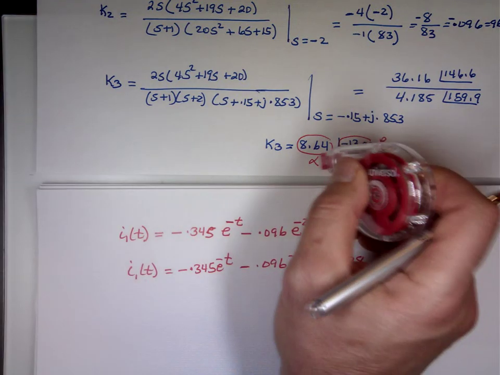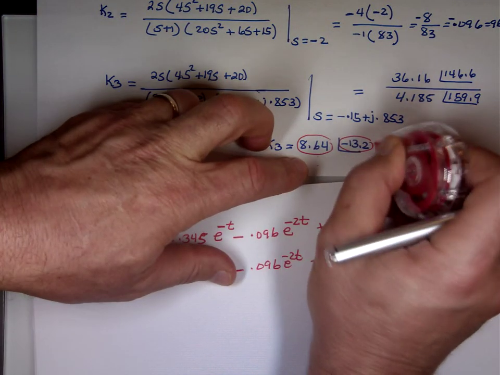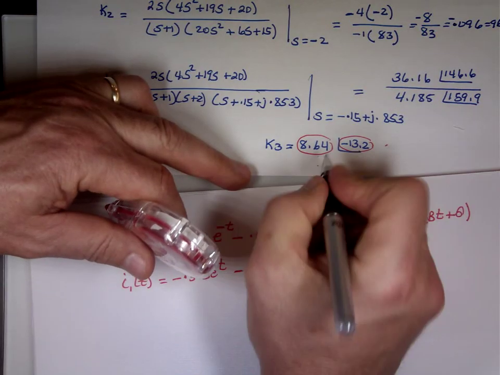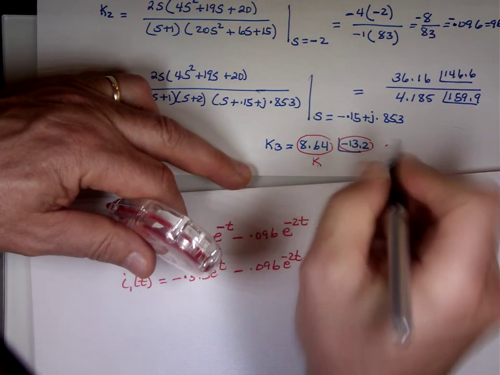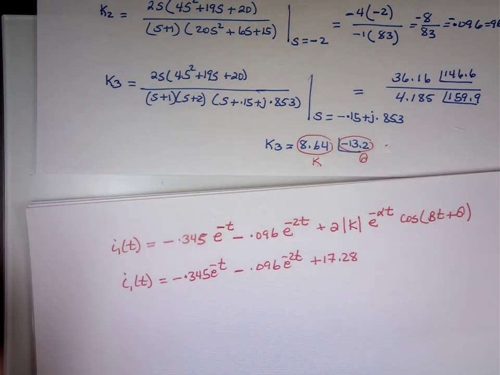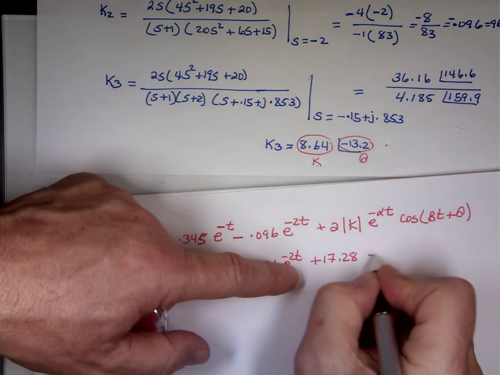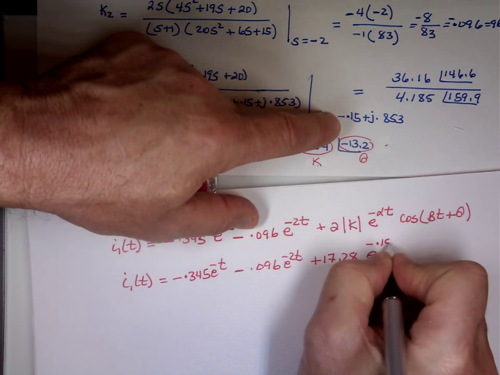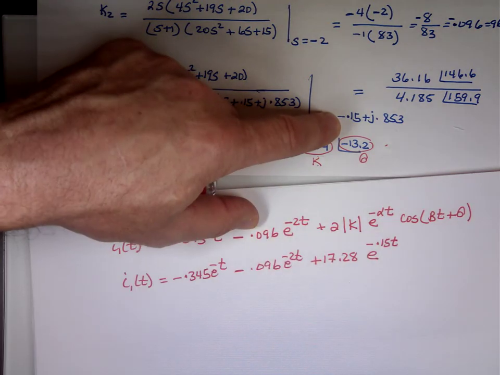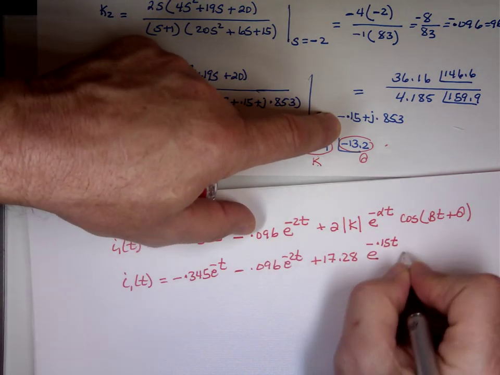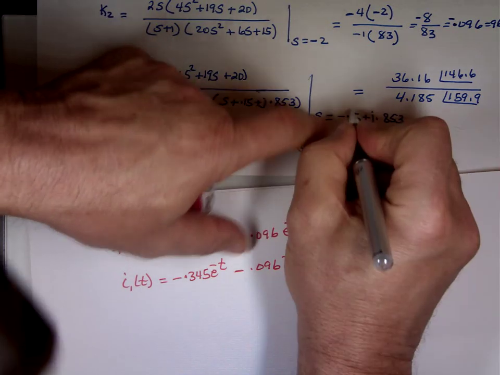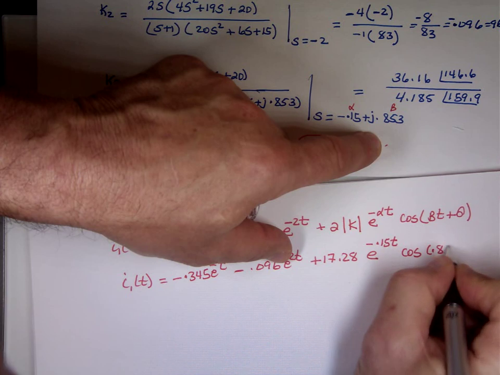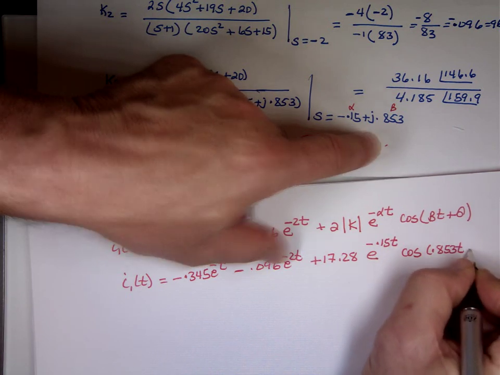That's theta. This is k, sorry. This is k, and this is theta. 2 times k, e to the minus alpha. What's alpha? Alpha is negative 0.15. Cosine beta. This is alpha and this is beta. Beta is what? 0.853t plus theta, which is negative 13.2 degrees.